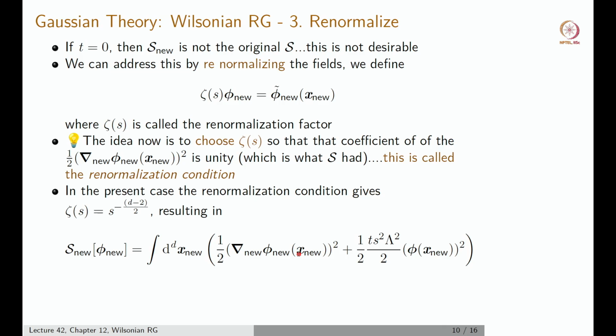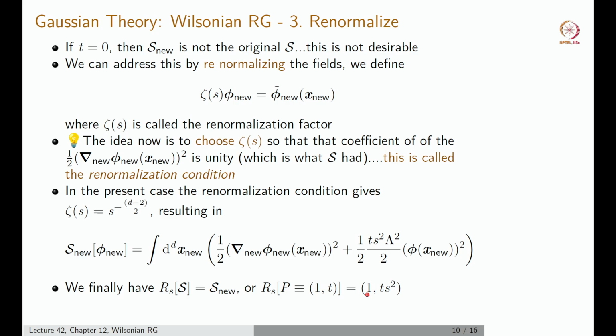We demand that because we want the renormalization group transformation at t equal to 0 to leave the purely Gaussian theory of 1/2 gradient phi squared invariant, because that has infinite correlation length, as we know. So what this gives us is R_S of P is P new, and that means that R_S of P, which was (1, t), will go to (1, t S squared). So t changes to a new value, but the coefficient of gradient phi squared does not, and we designed R_S to get us the fact that R_S of this 1 will be 1. That is the renormalization condition.